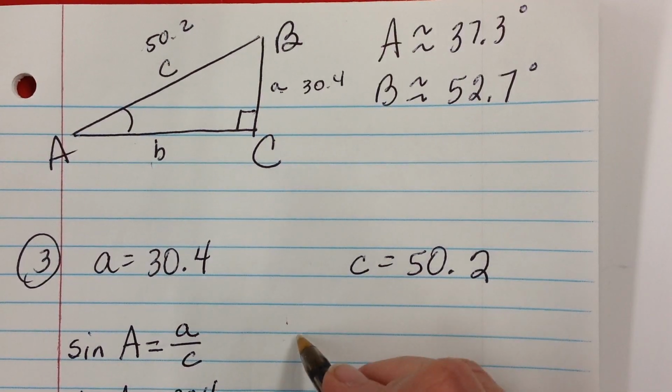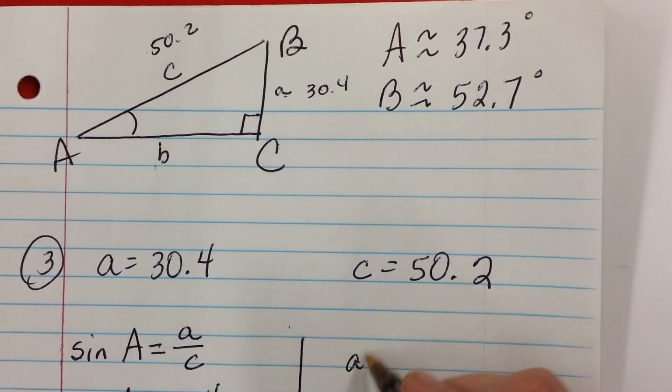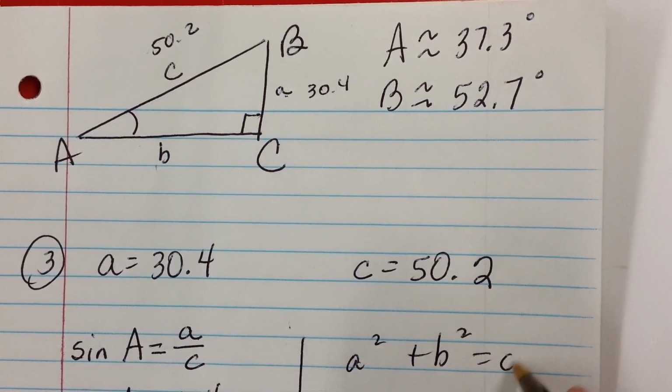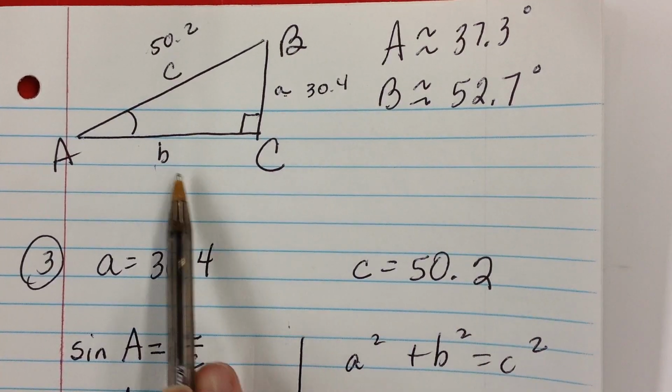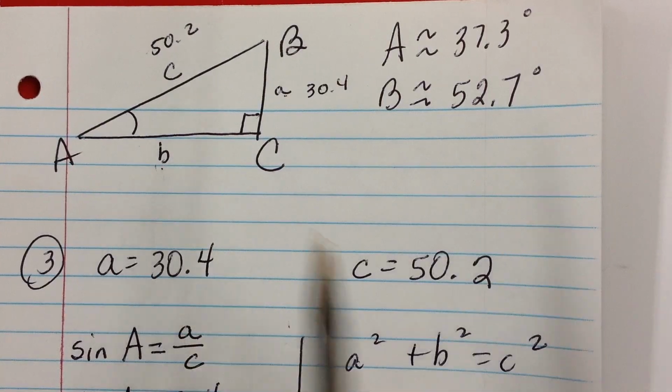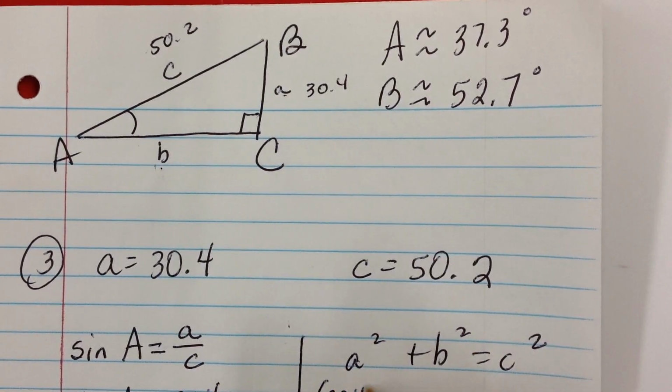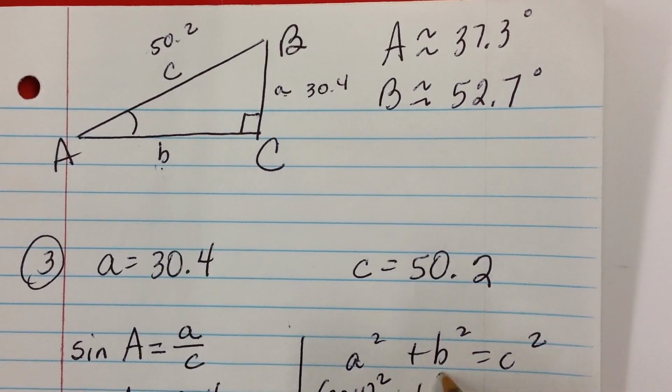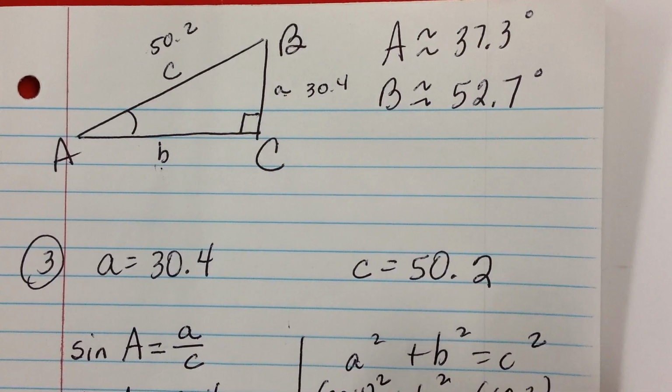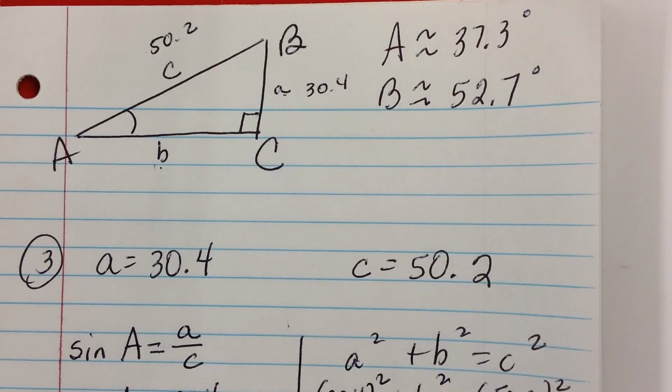So I'm going to set up the Pythagorean theorem of a squared plus b squared equals c squared to find side B. A is 30.4 squared plus b squared equals side C, which is 50.2 squared. Okay?